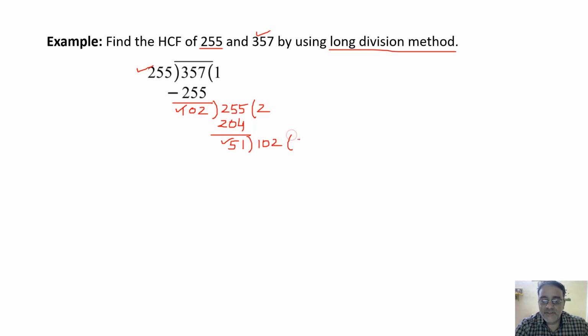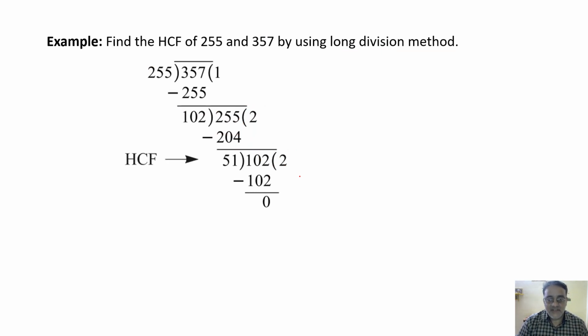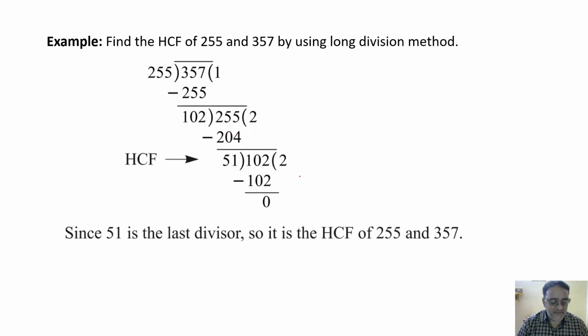Right? 51 into 2, 102. So in this step we are getting remainder 0. Right? So what is the required HCF? Sir, 51. 51, right? So HCF is 51, since 51 is the last divisor, so it is the required HCF of 255 and 357.